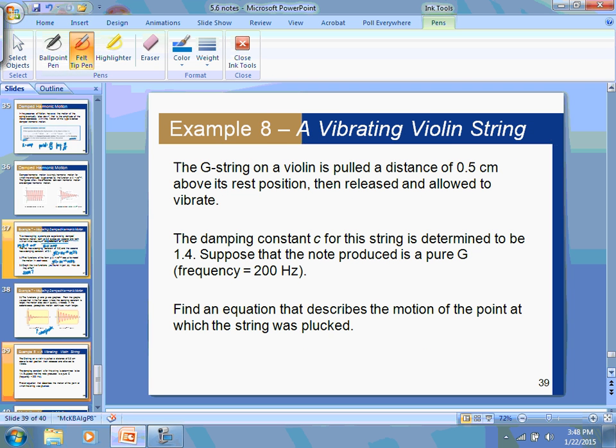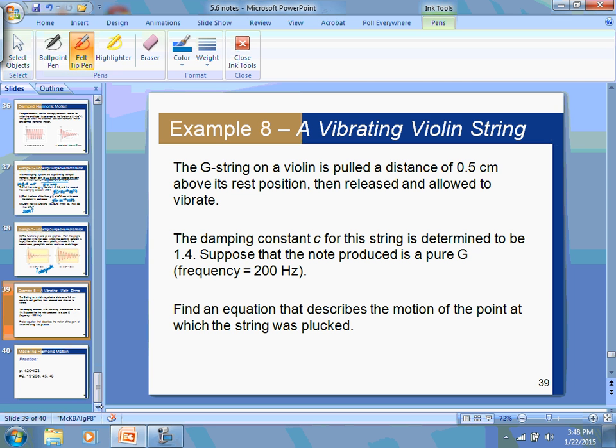Okay, so example 8 is dealing with our vibrating violin string. It says here that a G string on a violin is pulled a distance of 0.5 centimeters above its resting position and then released.